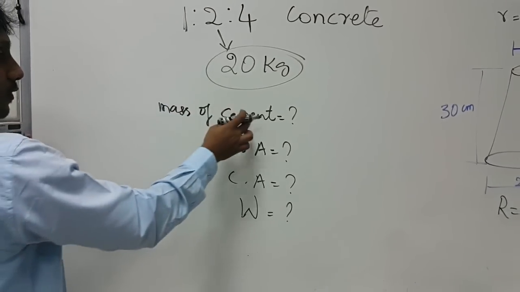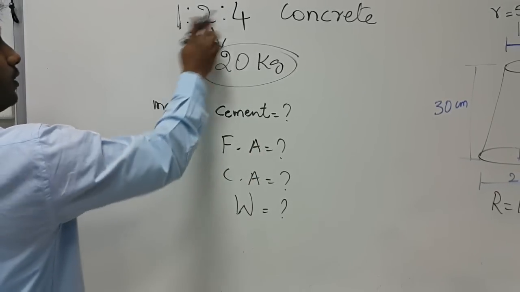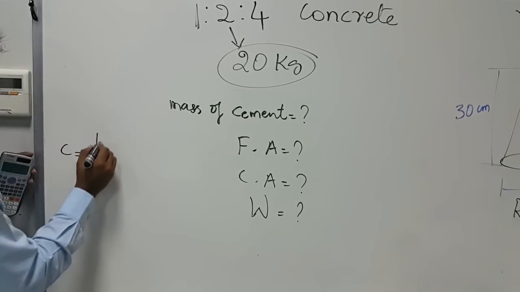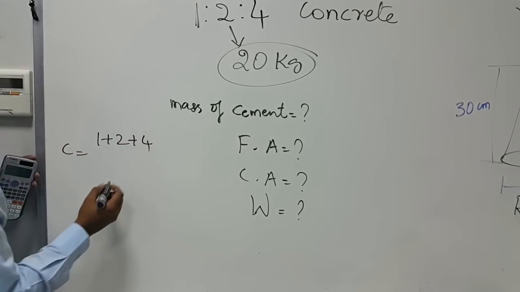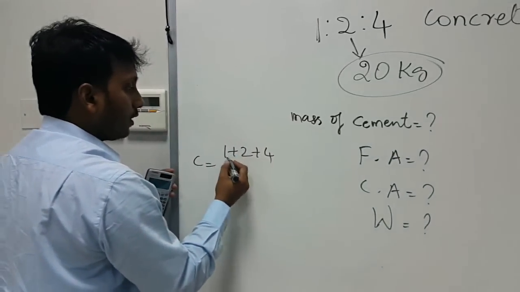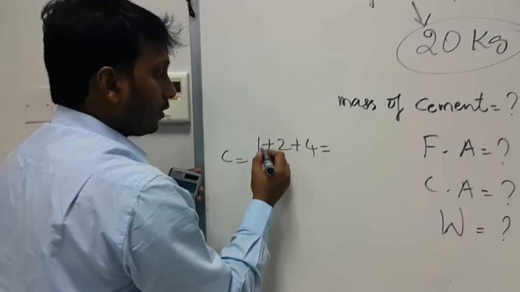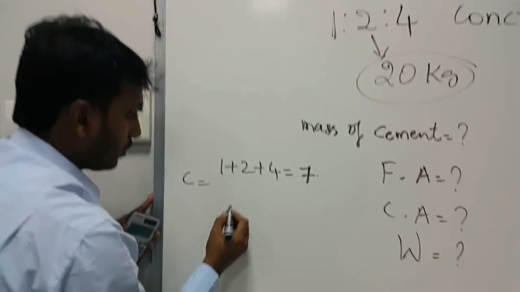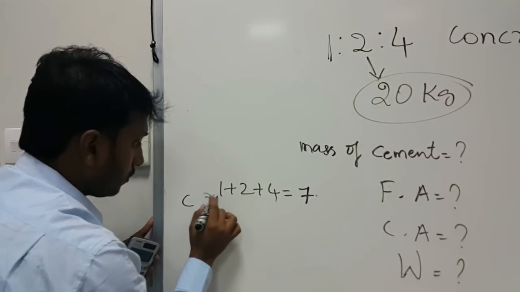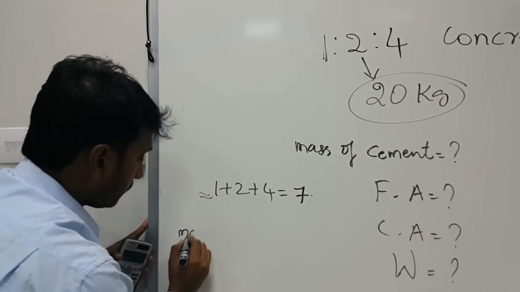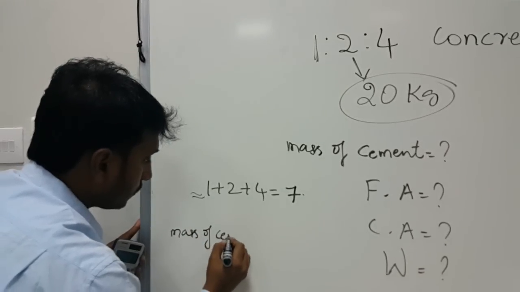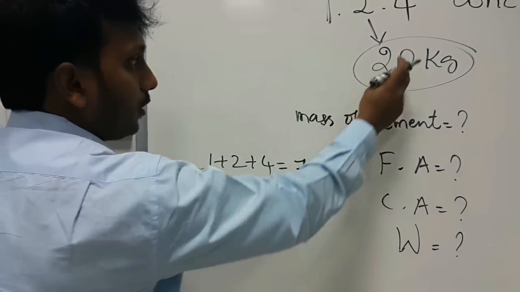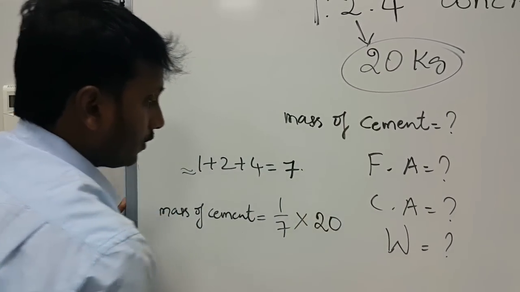To find out the amount of cement, fine aggregate and coarse aggregate, we have a standard formula. To find the cement weight, 1 plus 2 plus 4, the total is 7. The cement proportion is 1. So the mass of cement can be calculated as 1 by 7 multiplied by the total weight 20.